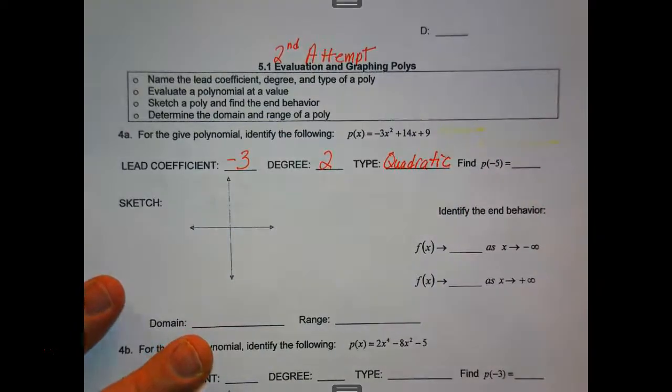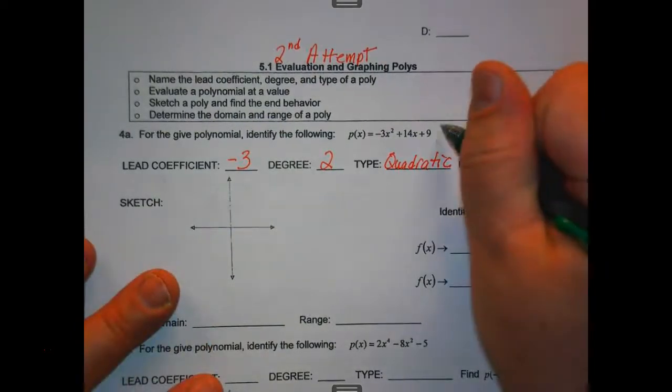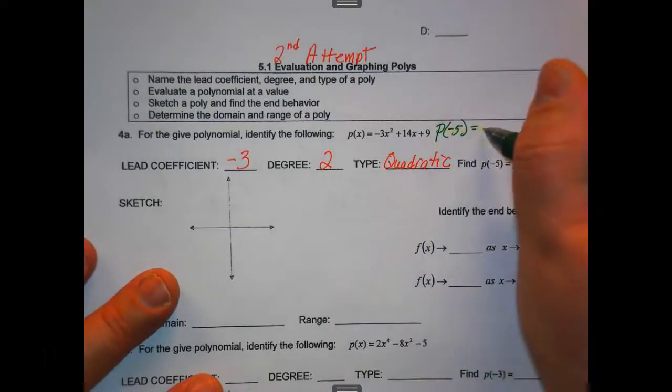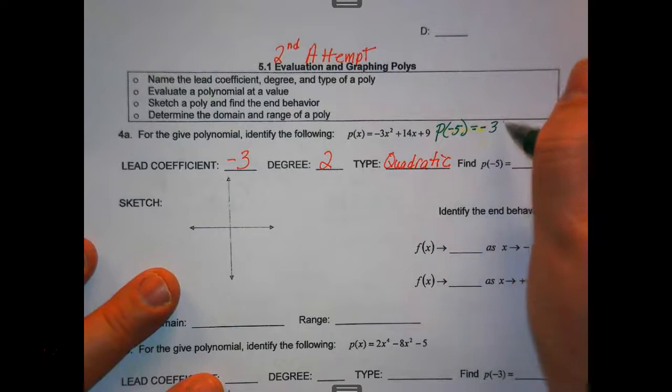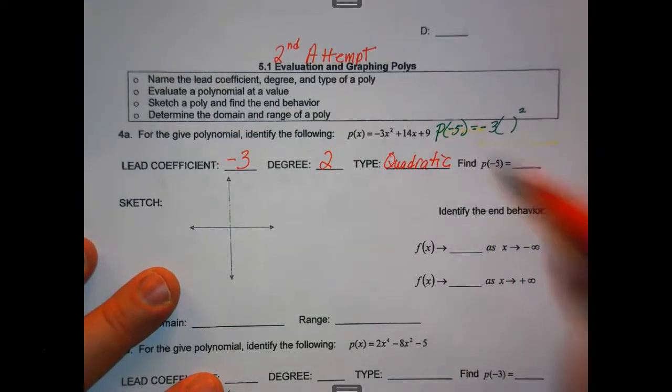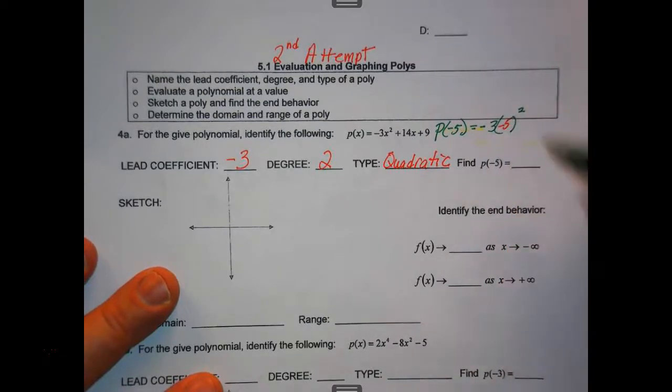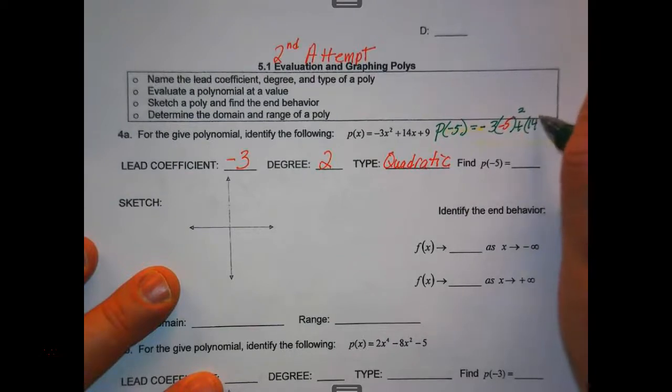And they want us to find the p of negative 5. So I have negative 3 times negative 5 squared plus 14 times negative 5 plus 9.